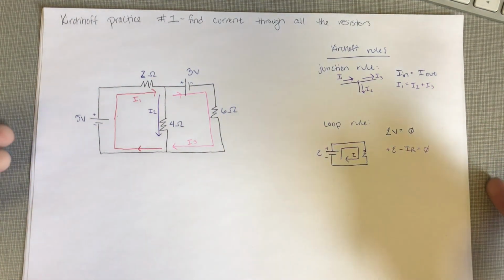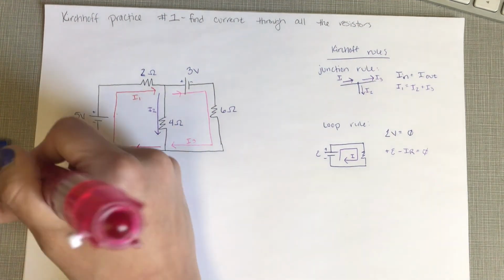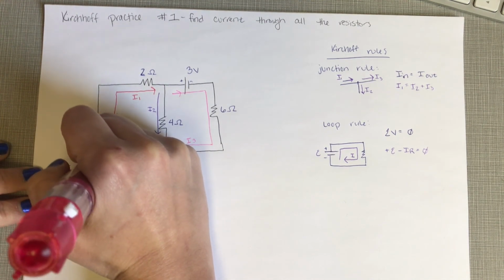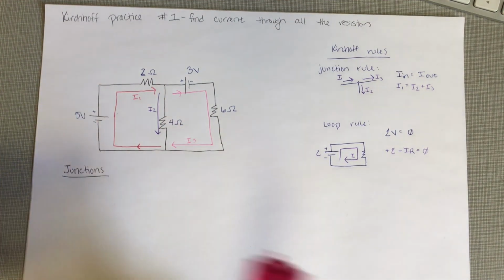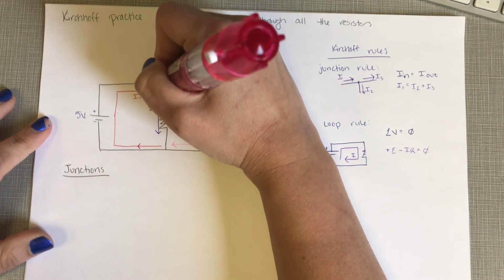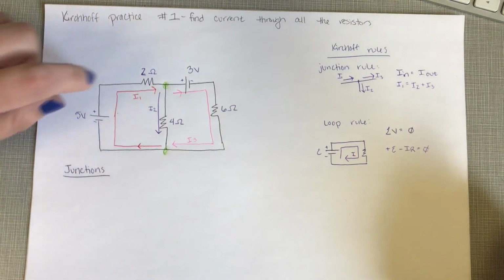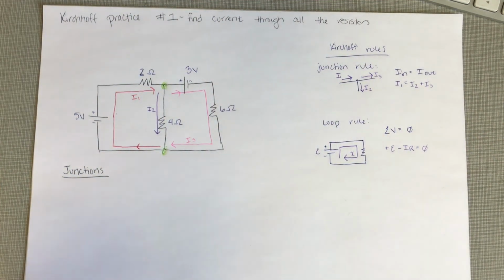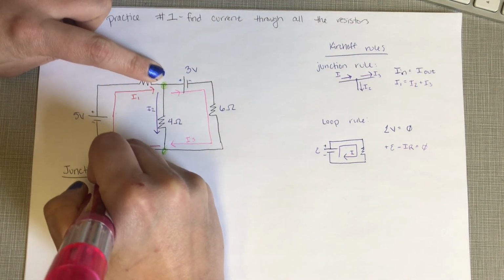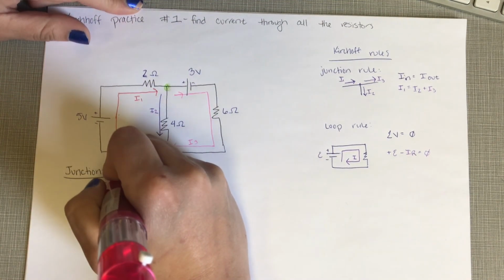Okay. So now let's look at our junction rules. So we have 2 junctions here. We have a junction here, and we have a junction here. So at this junction here, I have I1 going in, and coming out I have I2 and my pink I3.